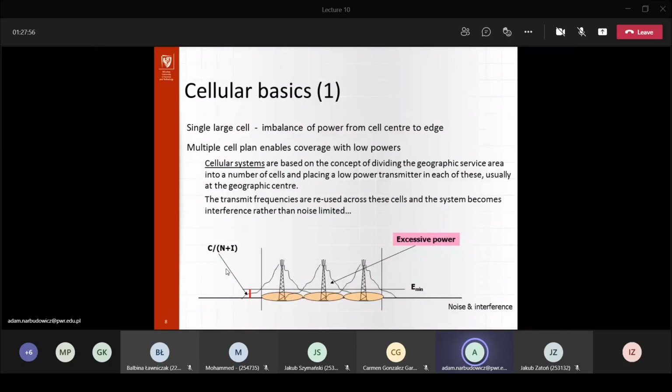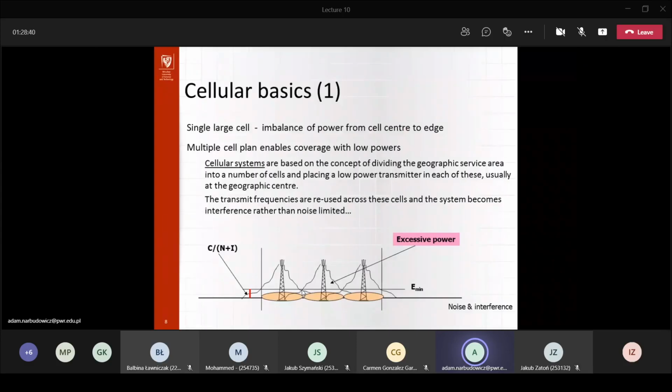We already mentioned that one of the good things is that we can use the same frequency throughout the network, so two different base stations can operate at the same frequency assigned to a given provider. However, we need to do it in a smart way, because if two neighboring cells are using the same frequency, they will experience interference, and at the end of the day this causes problems.